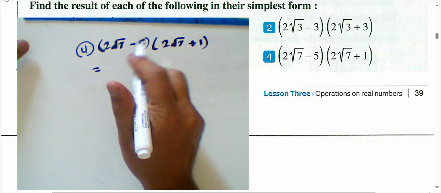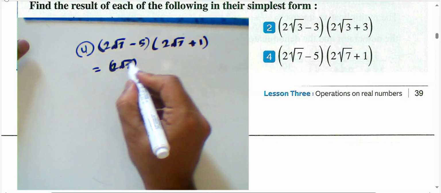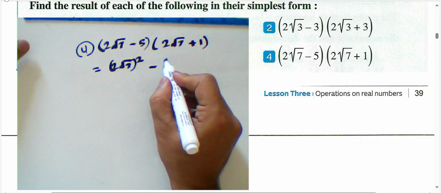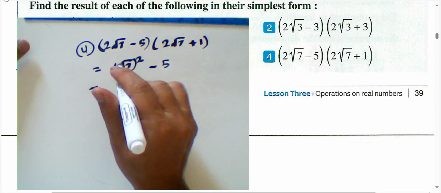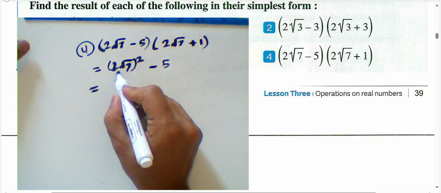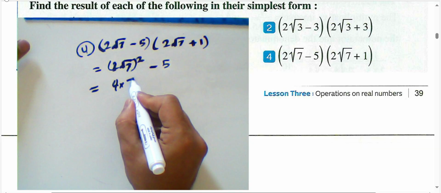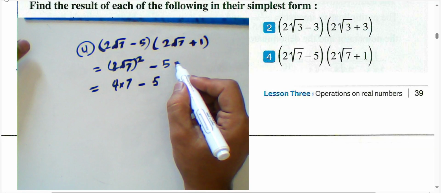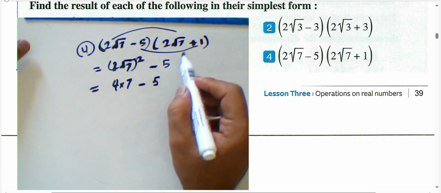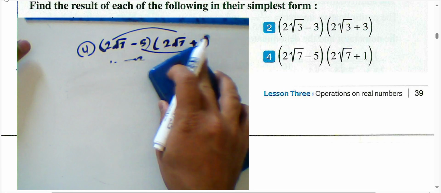We can write first by first, it will be 2 root 7 to the power 2, and second by second, negative 5 times 1, negative 5. We have 2 to the power 2 is 4, and root 7 to the power 2 is 7. Subtract 5, and we have first by first and second by second, and also we can find the middle.